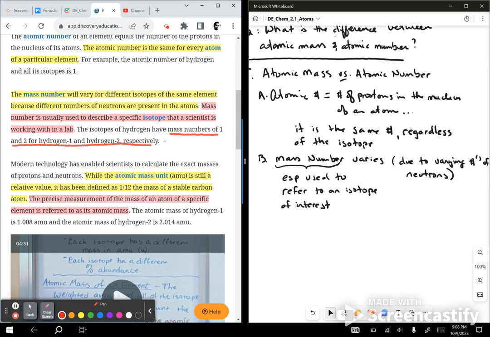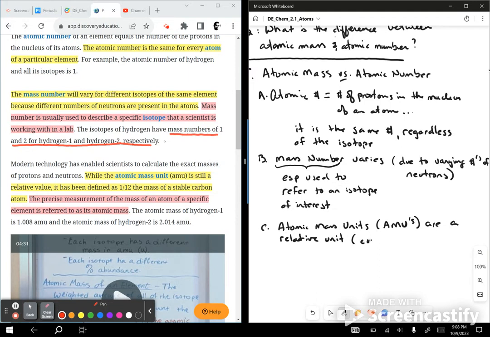Okay. Third paragraph here. Modern technology has enabled scientists to calculate the exact masses of protons and neutrons, while the atomic mass unit is still a relative value. Okay, so we should maybe write this down here because we've been talking about atomic mass units, right? These are AMUs, a relative unit, right?